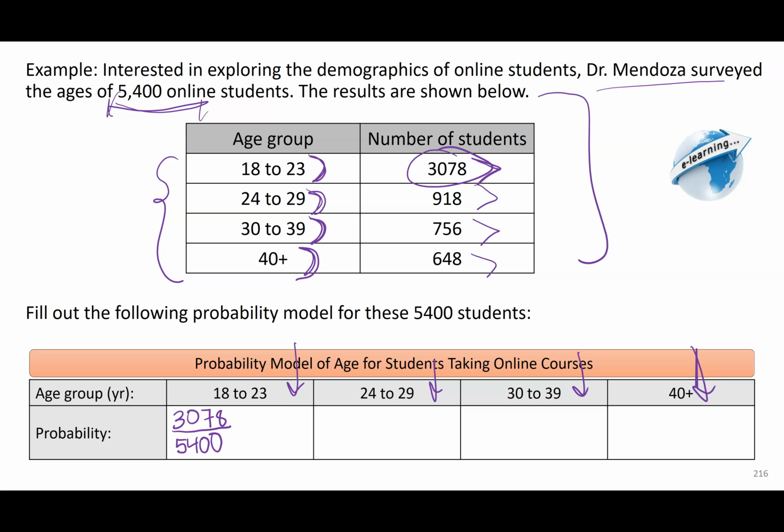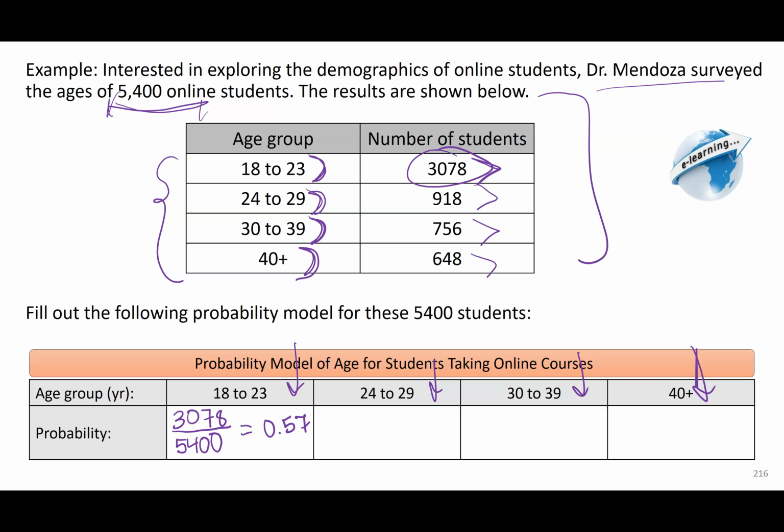Let me see. Going to get something like 0.57. So 57% of these online students are in the 18 to 23 years old age group.